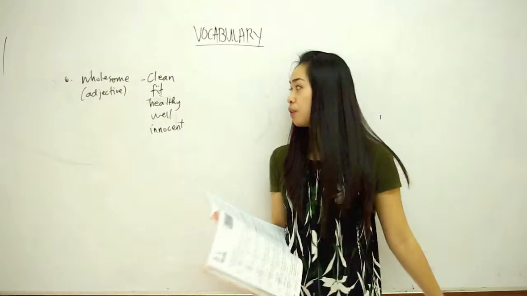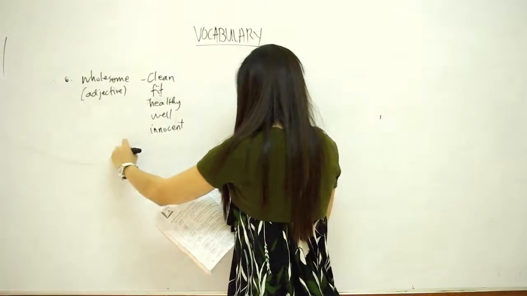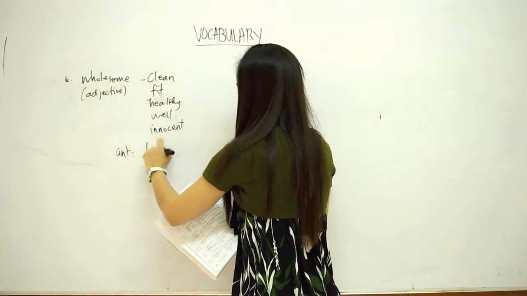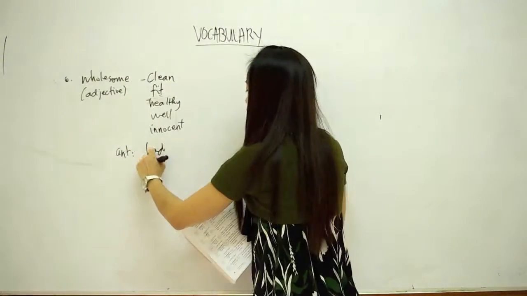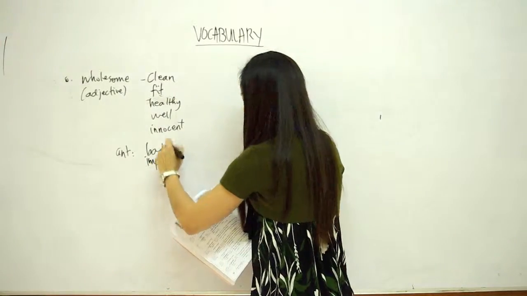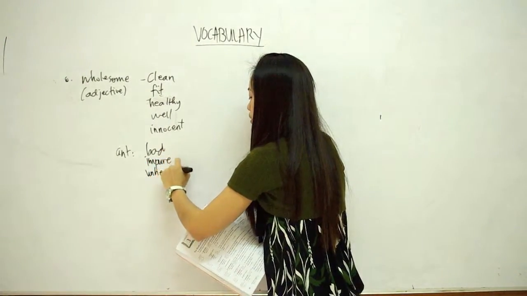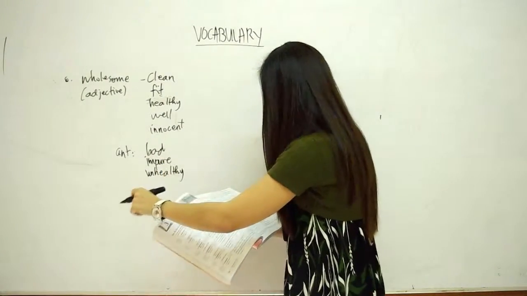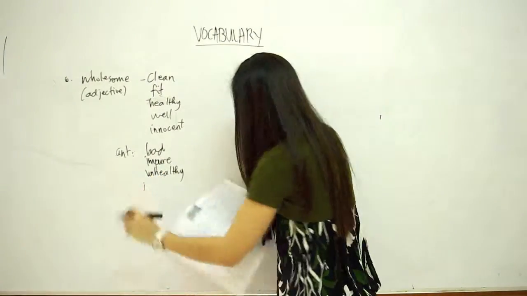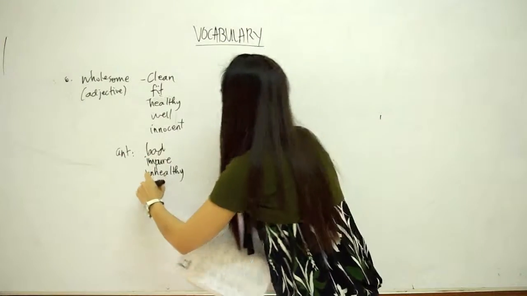Next, the antonym for this word is bad. Next, impure. You're not pure. Next, unhealthy. Or you are not innocent, we call that indecent.